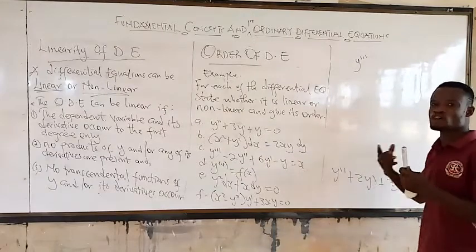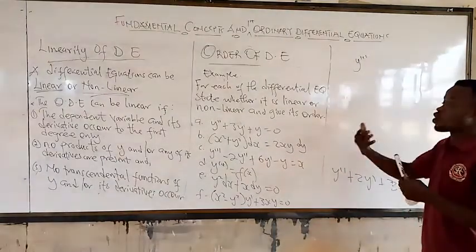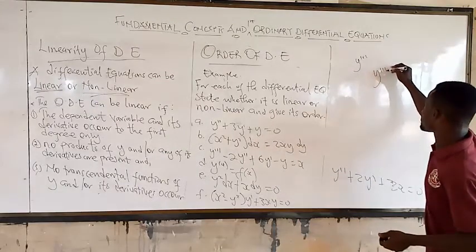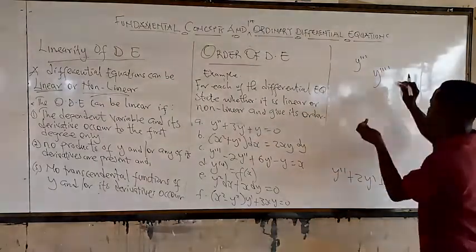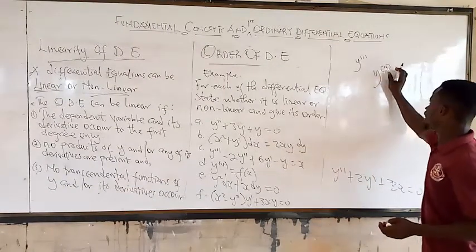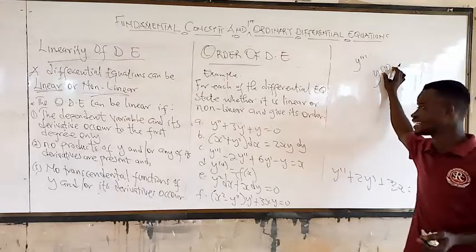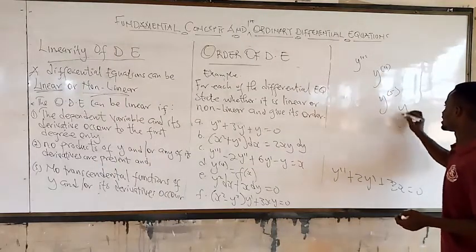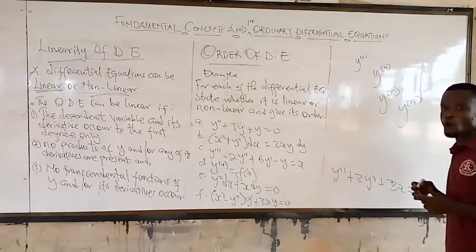If I want to differentiate it 4 times, the fourth order, I can't write y prime prime prime prime. What we use to represent fourth order is writing the number in a closed bracket like this. So if I want the fifth order, I'll make it like this. The 20th order, I'll make it like this.